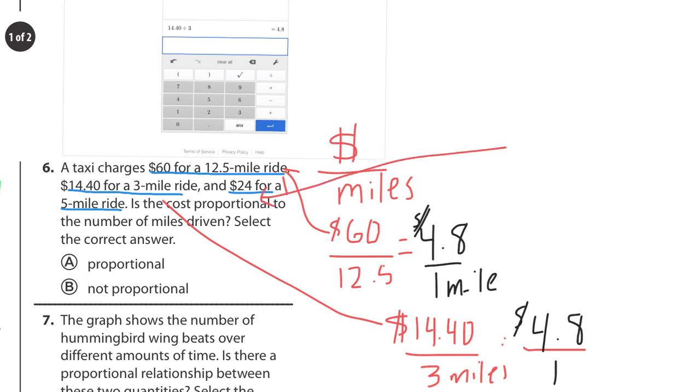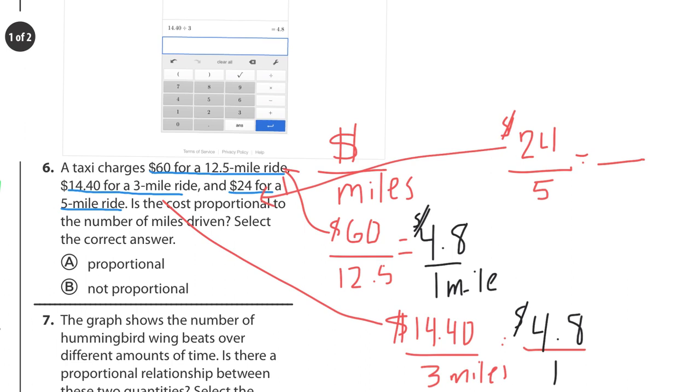$24 for every 5-mile ride. So I'm going to use my calculator. $24 divided by 5 equals 4.8.